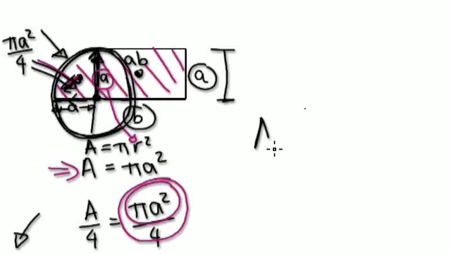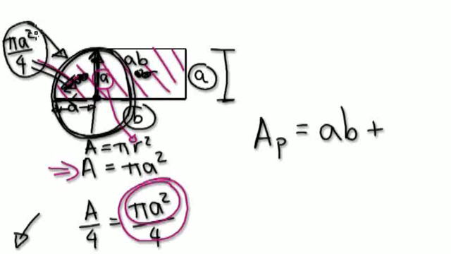Okay, so now A of P, area of purple, that includes 2 parts now, this and this. So this is the area of the total purple parts. So this would be the area of the rectangle, which is AB, plus the area of this quarter of the circle here, it would be pi a squared over 4.